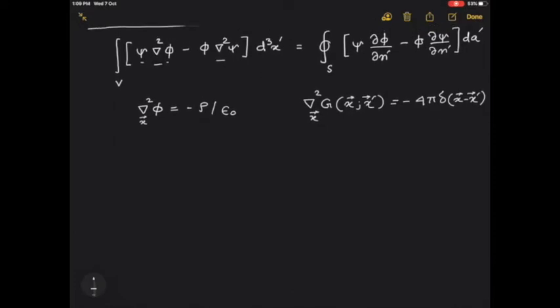Now we'll take, or Green took a bold step here, very bold step. For the psi over there, I will use g, and for the phi over there in the Green's second identity, I will use the phi. So this phi will come from here and this g will come from there.